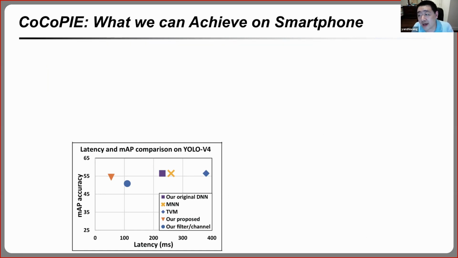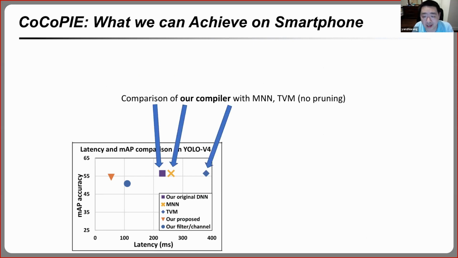The first comparison is the compiler. We all work on the original model without any compression. Same model. We compare our compiler with MNN and TVM without pruning, and we see that our compilation is essentially at least 20% faster.